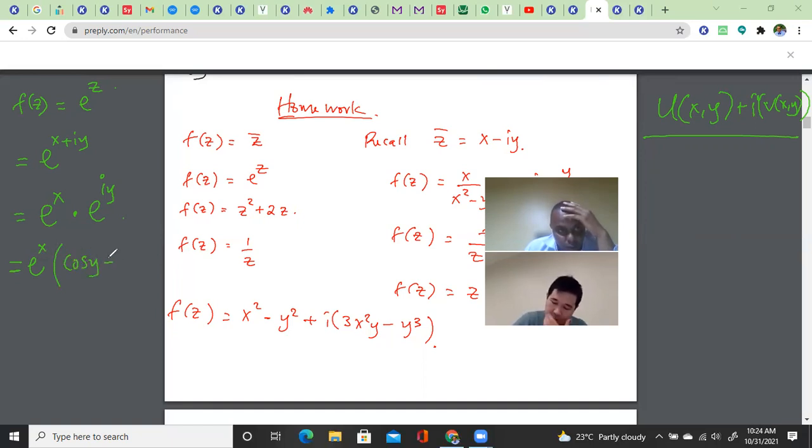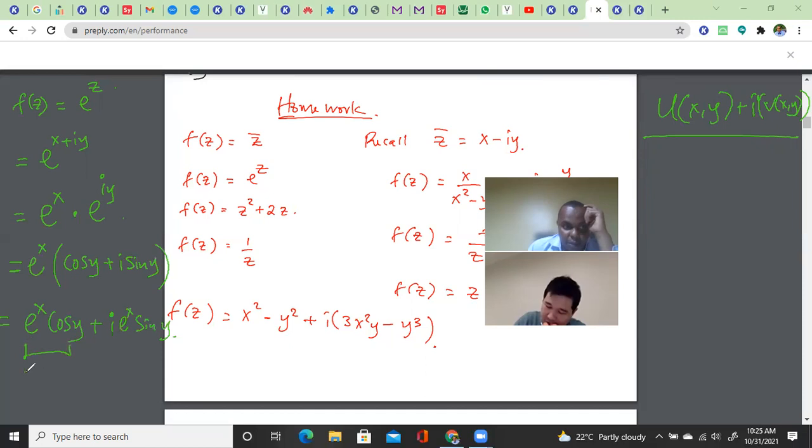We leave e to the x the same, times e to the iy, which is cosine y plus i sine y. And then you expand. This is going to be e to the x cosine y plus i e to the x sine y.